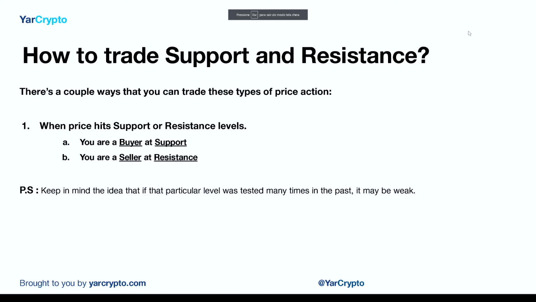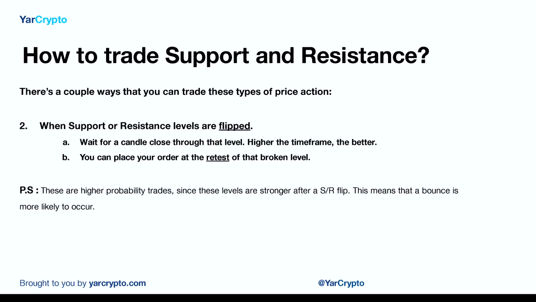Another method of trading these setups would be when a support or resistance level is flipped. So you wait for a candle close through that level, the higher time frame the better, and then you can place your order at the retest of that broken level.